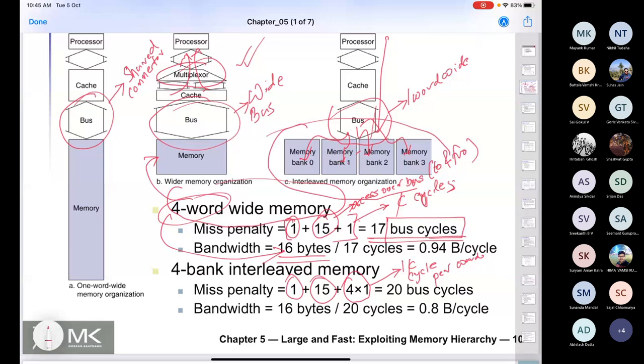So for 4 words, you have been able to transfer 16 bytes, but now it takes 20 clock cycles. Your bandwidth is 0.8 bytes per cycle, slightly smaller than the previous case.